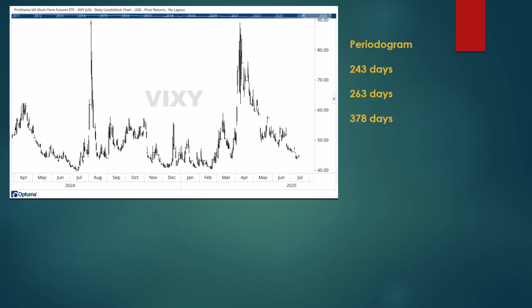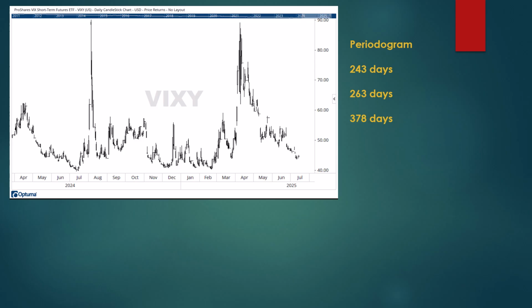So here's a daily chart of something called the ProShares VIX short-term ETF. Using the embedded periodogram function in my Optima software, the periodogram function came back and said that within this daily chart, if it looks back at, I think I told it to go back 700 data points, there actually is a 243-day dominant cycle.